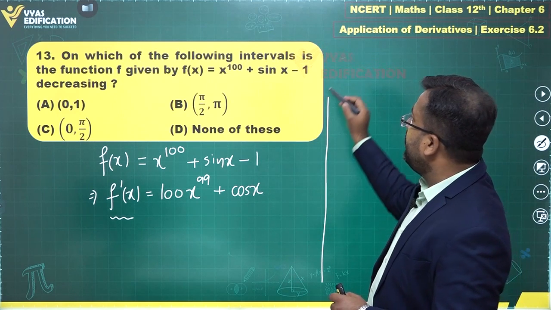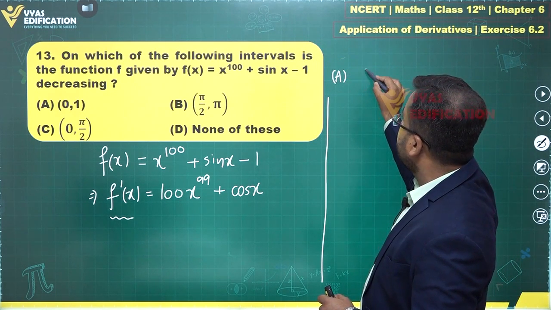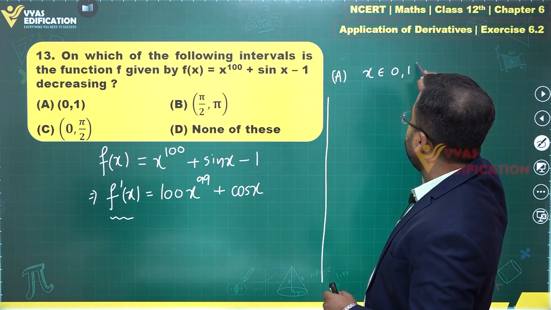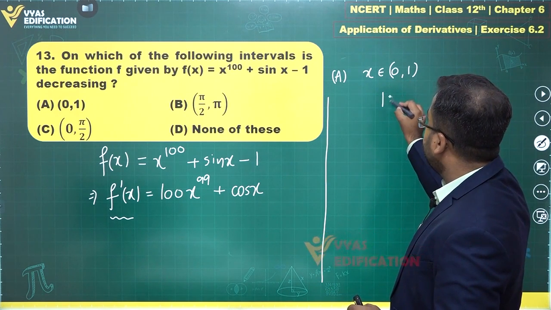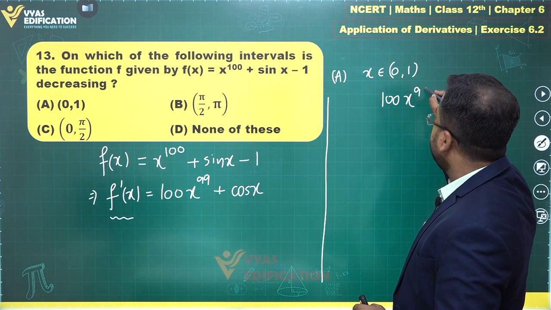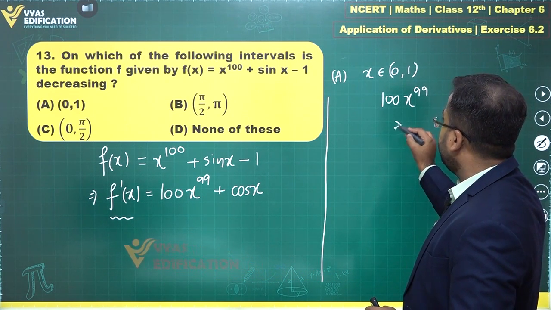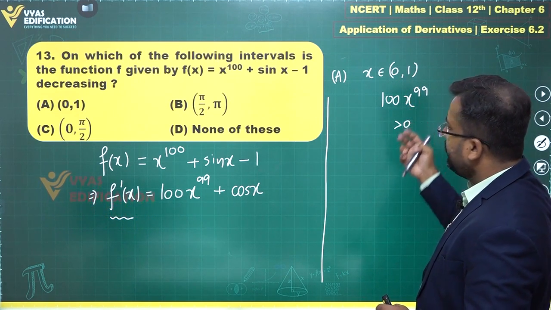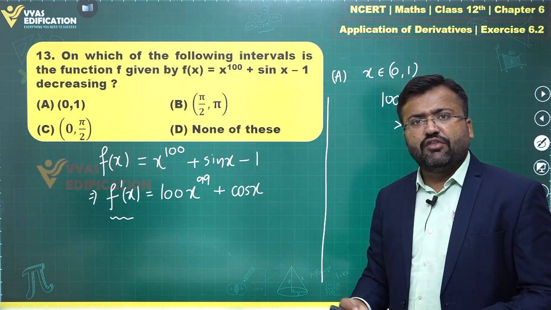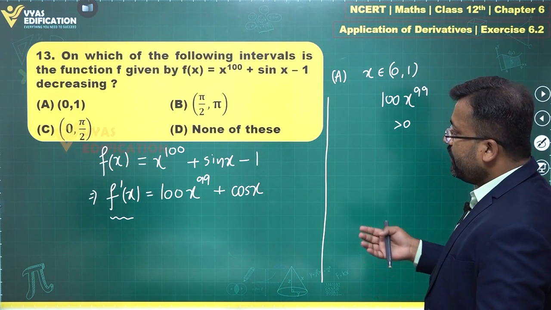Yes, let's check option A, x belongs to 0 comma 1. In this interval, 100 x power 99 will be greater than 0. This x is positive, therefore x power 99 is positive, and multiplying by 100 also gives something positive. What about cos x?